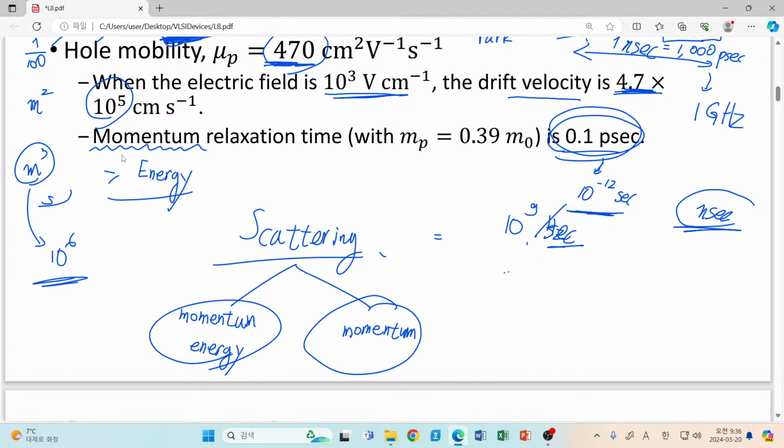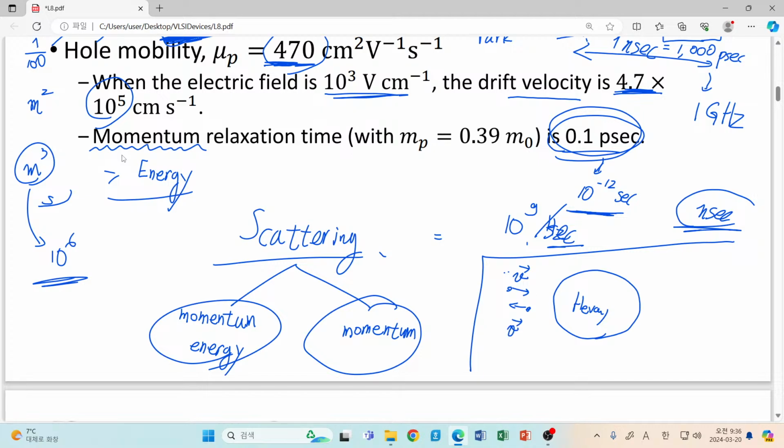Please think about your high school physics. Let's say that this is a really heavy particle, and you send a small particle and make a collision. Then what happens? If it goes with this velocity v, after the collision, this small particle is just reflected back, and it has a certain velocity.